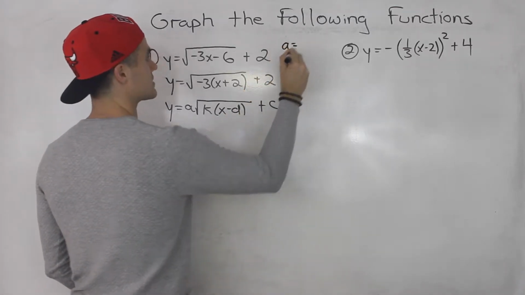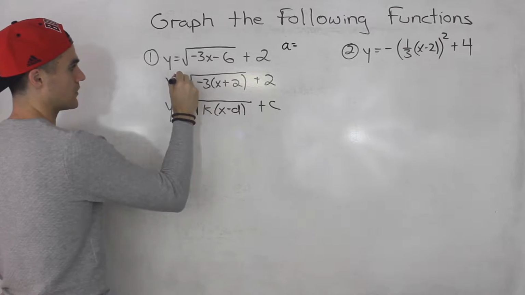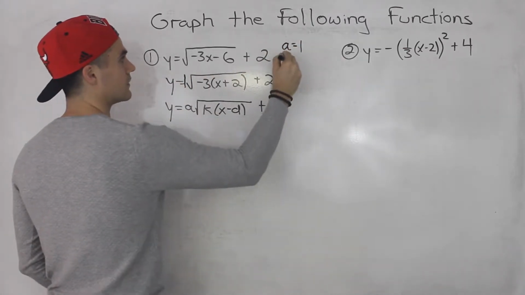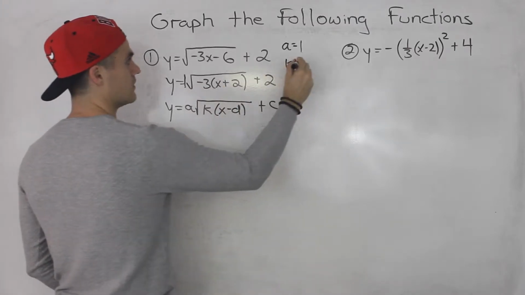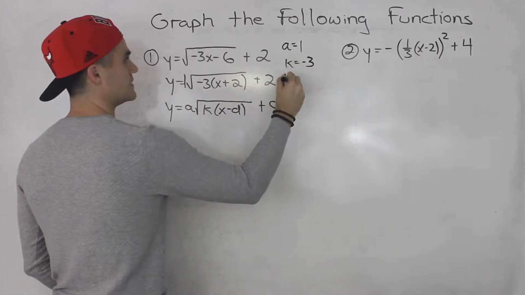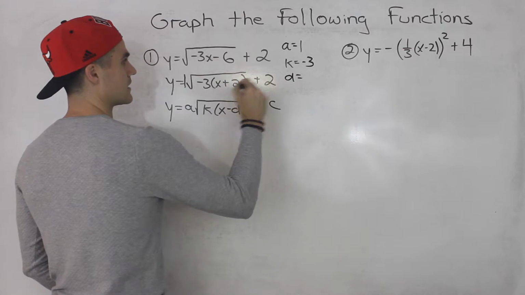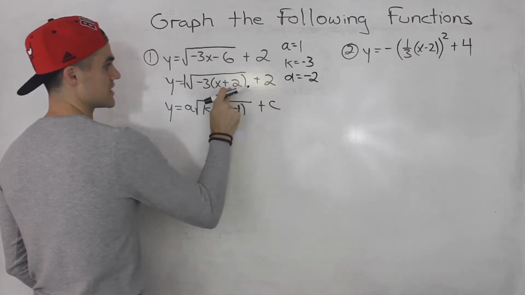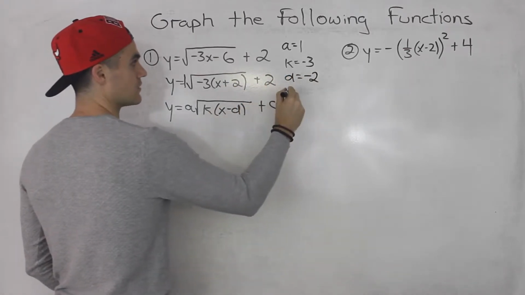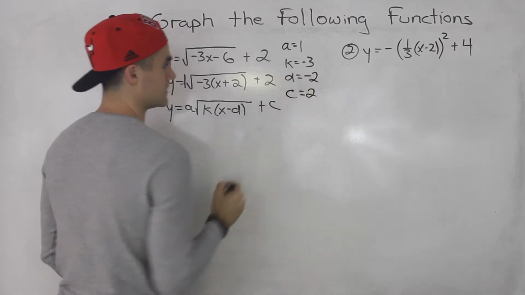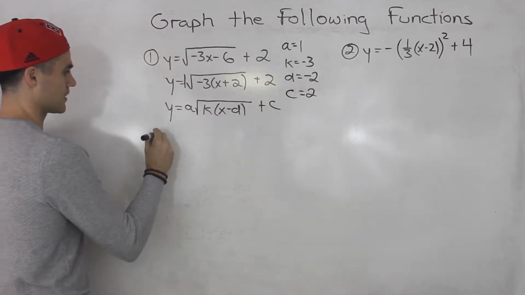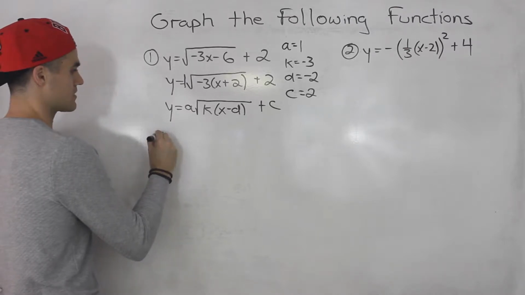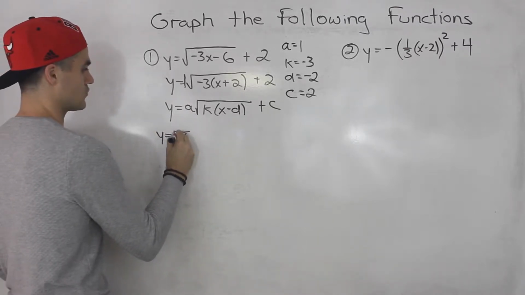In this case, it's pretty easy to tell. The a value out here is 1. The k value is negative 3. Then the d value is negative 2. It's always the opposite sign. Then the c value is positive 2.